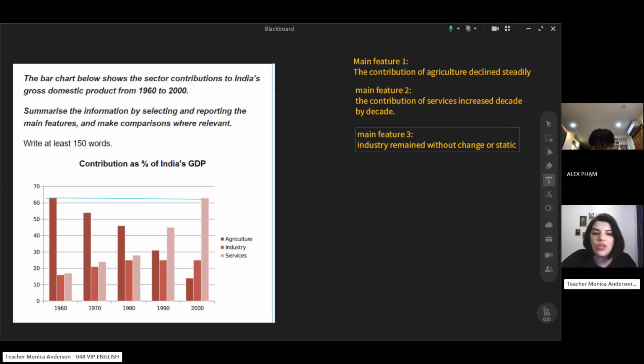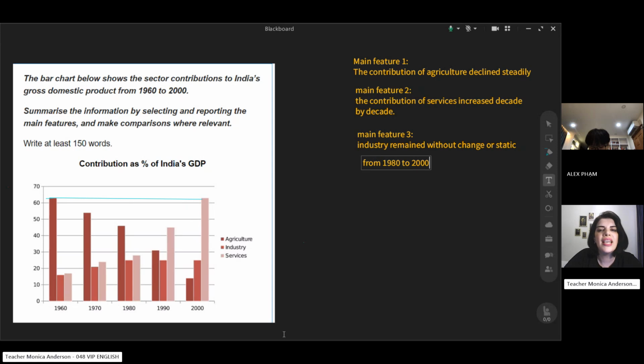But because, you know, actually it has two parts. At the beginning, between 1960 and 1980, we have a really slow increase. Slightly, we can say it increased slightly. But from 1980 to 2000, no change. So it remained without change, or static, from 1980 to 2000. So I have my main features and now it's time to write my main bodies.